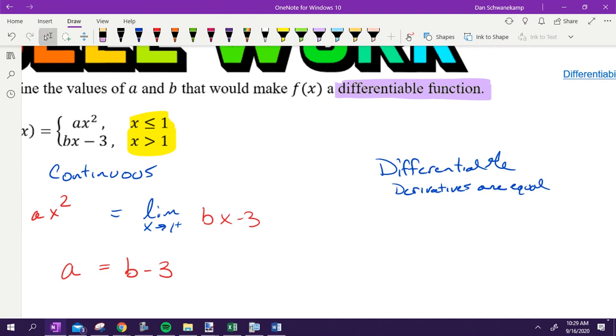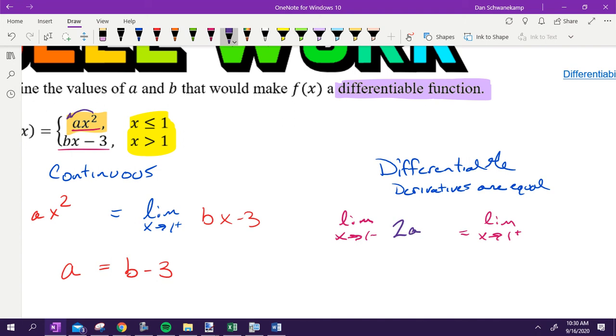Same concept. We're finding the limit as x approaches 1 from the left. Basically, this function and that function, their derivatives need to be equal, the limit as x approaches 1 from the right. I need to take the derivative of ax squared. Remember, a is a constant. What is the derivative of ax squared going to be? 2, because I'm multiplying by the 2.